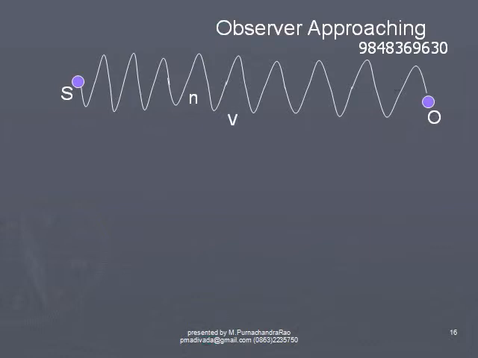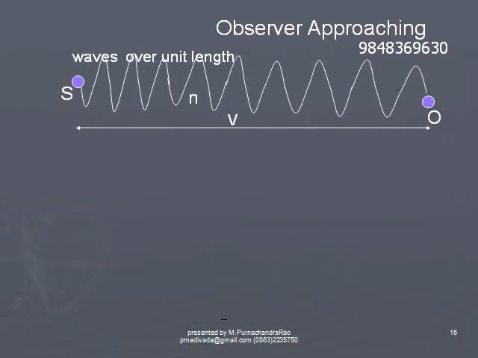Then the number of waves between the observer and source will be n. So n waves are situated over a distance V. In unit length, the number of waves will be n by V.